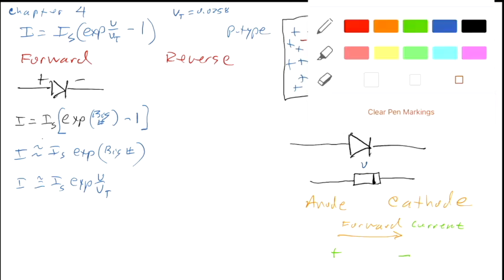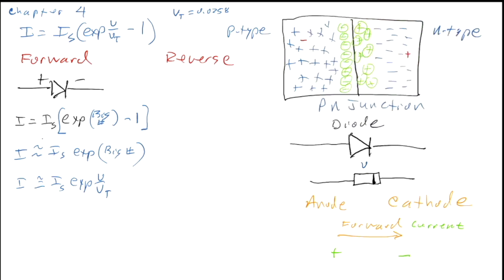In the reverse bias case, we have I equals IS e to the, now we have a negative number, and it could be a big negative number. It could be minus 20, minus 30, whatever. But if we have a negative number, e to a negative number is a tiny thing, right?